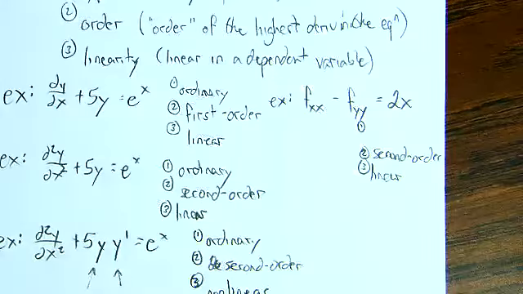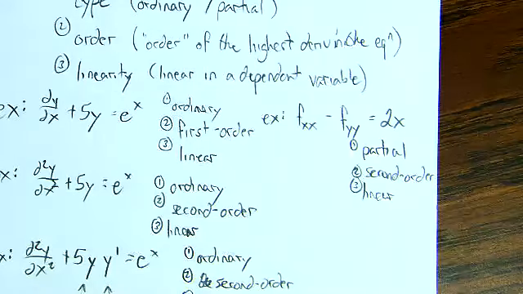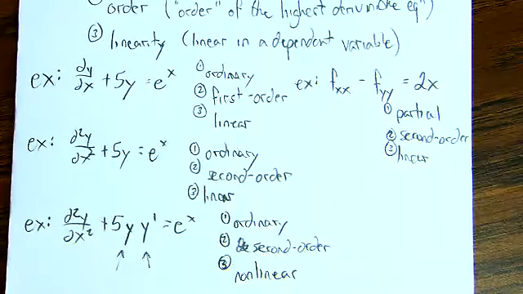But there are two independent variables here. We have x and y as independent variables. So this is partial. So when we're classifying something as partial or ordinary, we're looking to see how many independent variables there are. If there's only one independent variable, it is an ordinary differential equation.